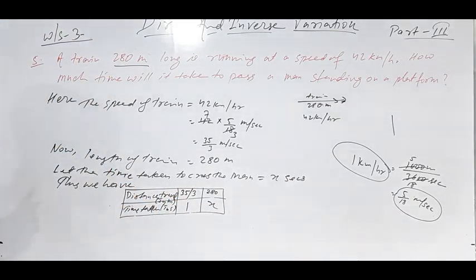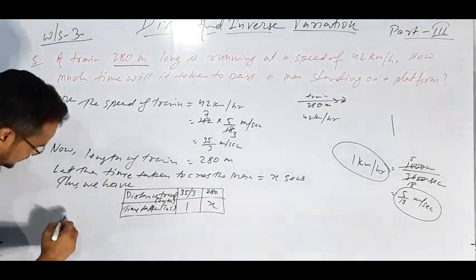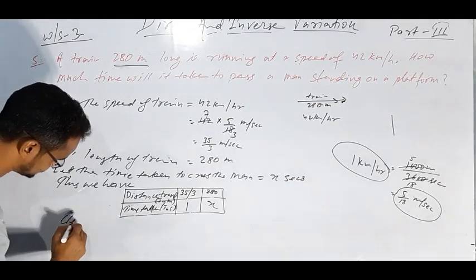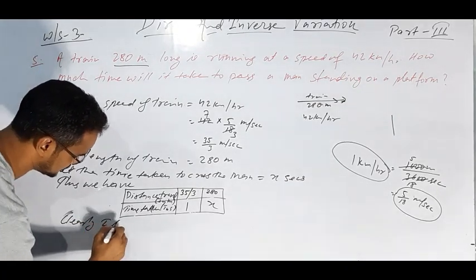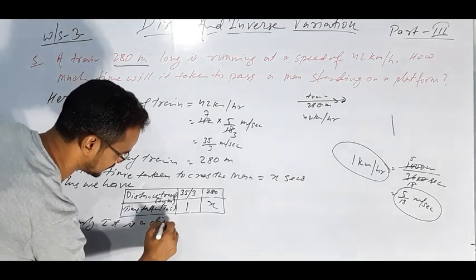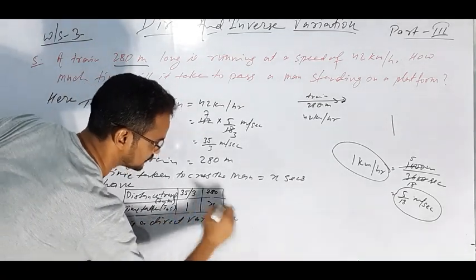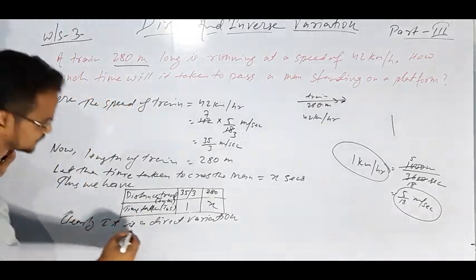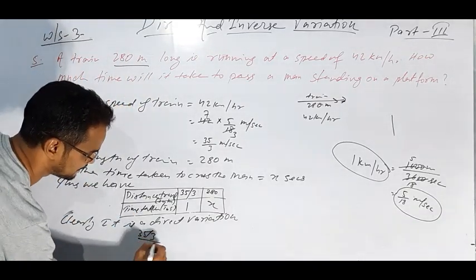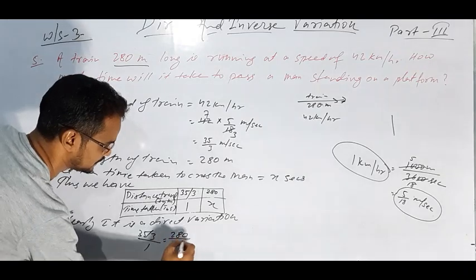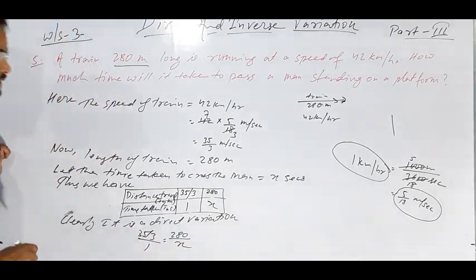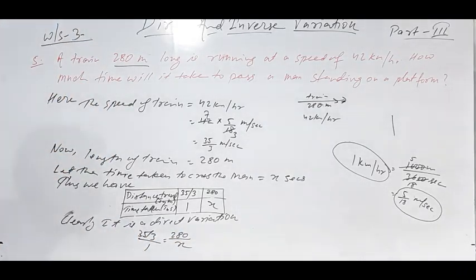Here the speed is constant, therefore it is a direct variation. Clearly it is a direct variation. So we will do this: 35 by 3 by x.